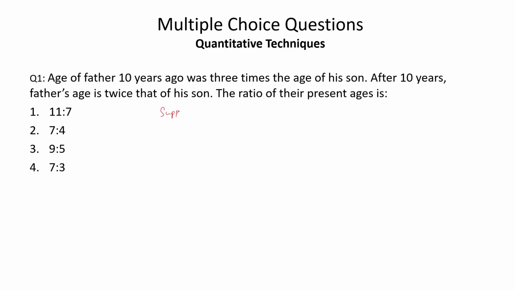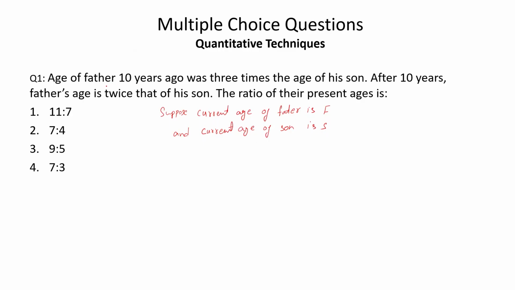Suppose the current age of the father is F, and let us assume that the current age of the son is S. So I assumed that currently the father is F years old and the son is S years old.